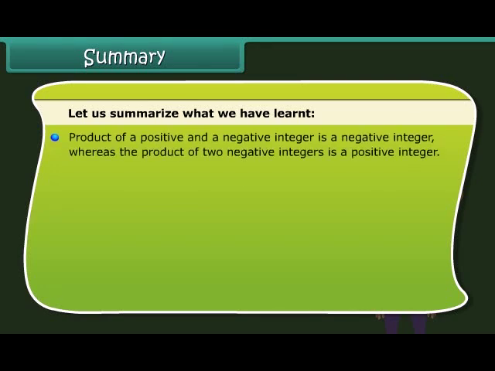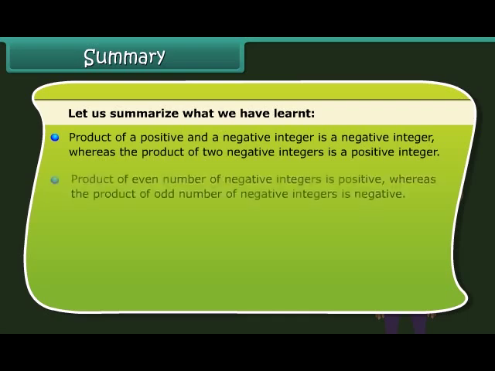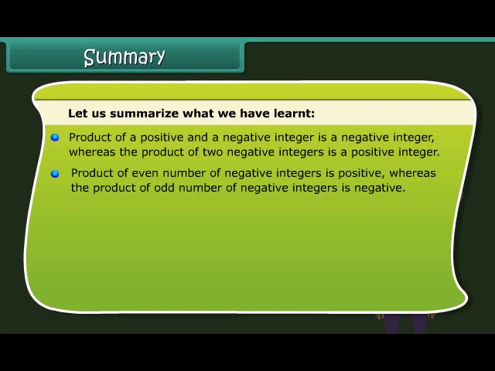Product of a positive and a negative integer is a negative integer, whereas the product of two negative integers is a positive integer. Product of an even number of negative integers is positive, whereas the product of an odd number of negative integers is negative. If a and b are any integers, then a into b is an integer.